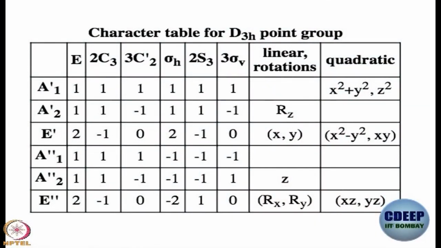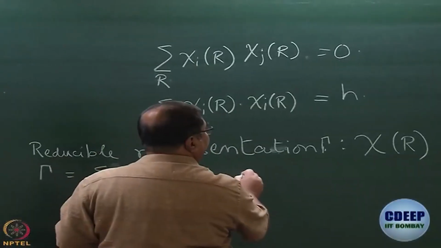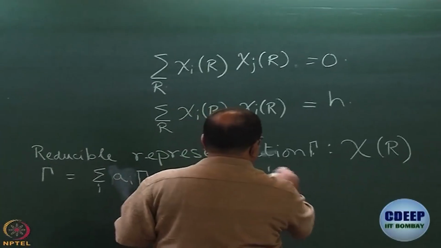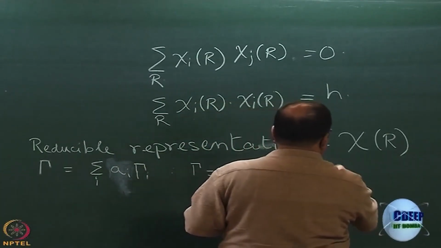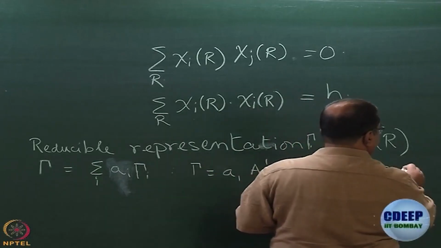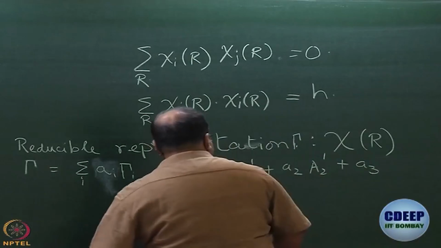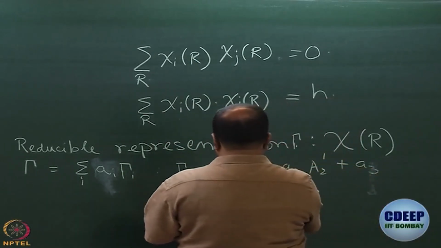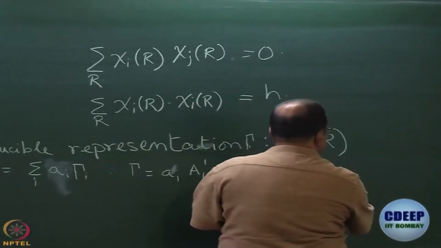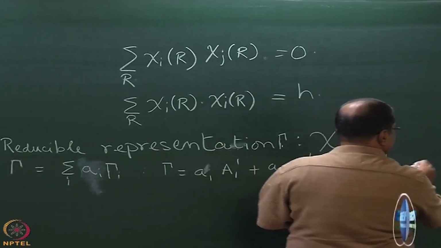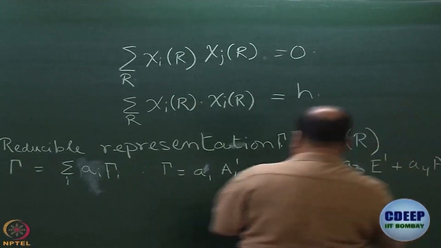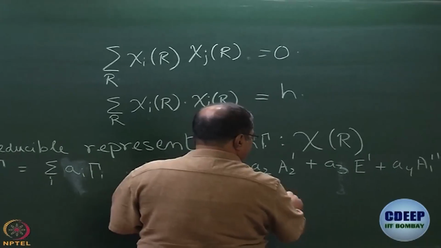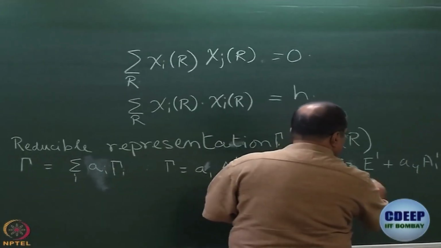If I go back to the character table, what are the gamma_i's? This. So, for any gamma, I should be able to write A1 multiplied by A1 dash plus A2 multiplied by A2 dash plus A3 multiplied by E dash plus A4 multiplied by A1 double dash plus A5 multiplied by A2 double dash plus A6 multiplied by E double dash.